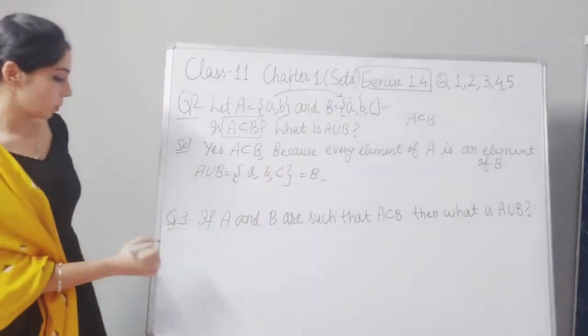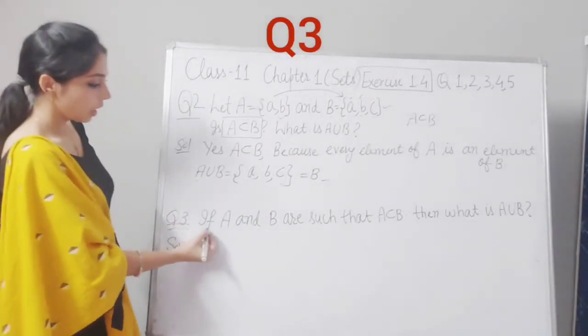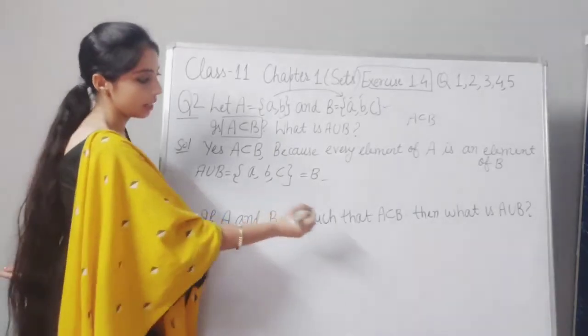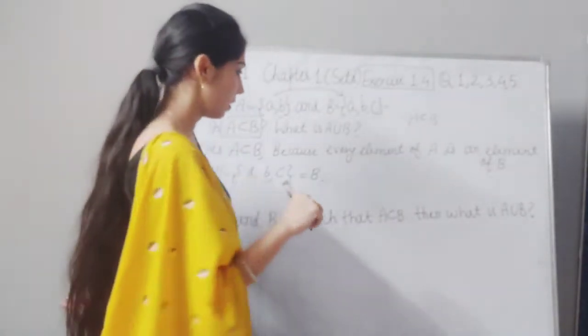This is your answer. So let's discuss question number 3. If A and B are such that A is contained in B, then what is A union B? Okay.